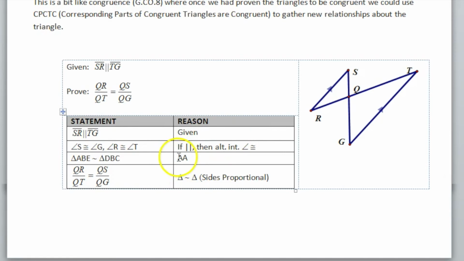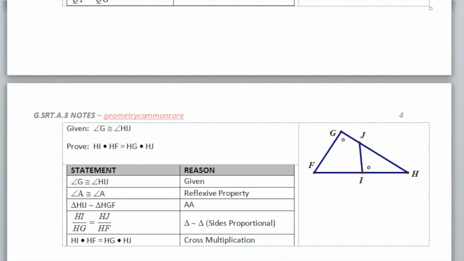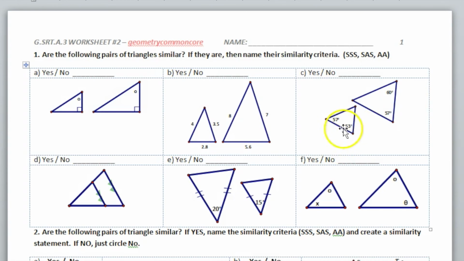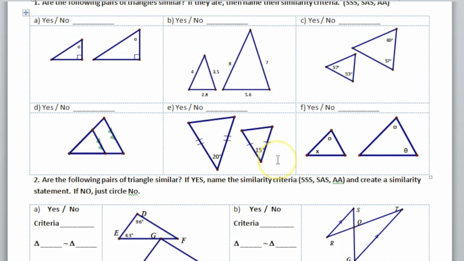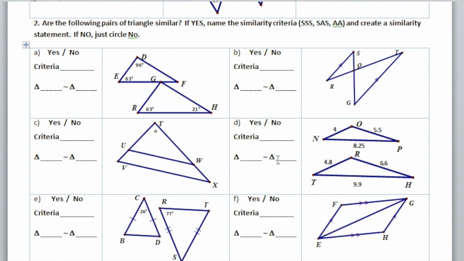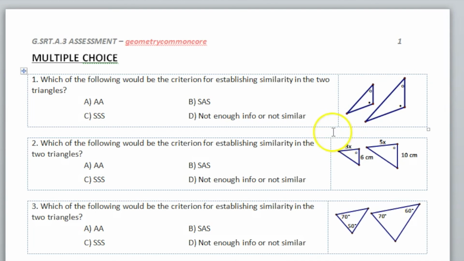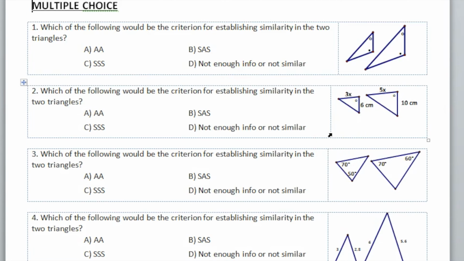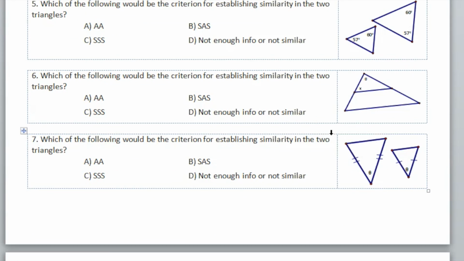We've got side-angle-side and a number of other ones that we use. Here's some just recognition, just like this question. Given some information about two triangles, can you establish that they are similar or not by your similarity statement, what's the criteria? Lots of good support there. In the assessment bank for this area, we have all kinds of multiple choice questions dealing with exactly this kind of question. So students are well prepared for this.